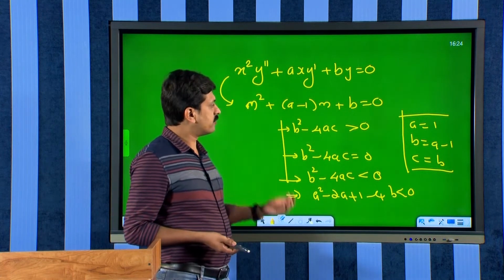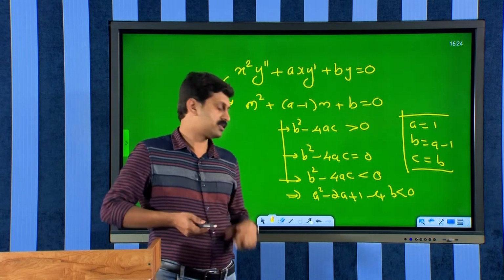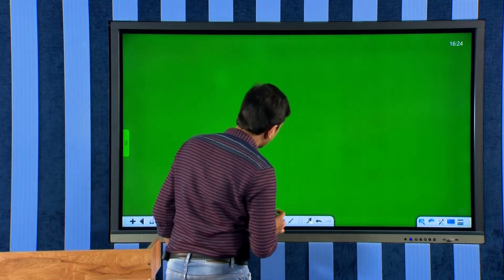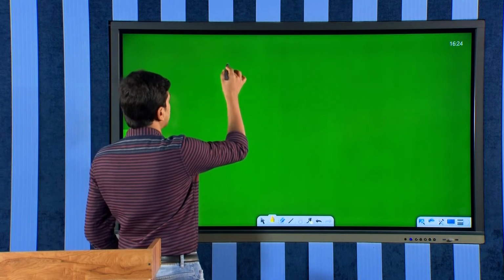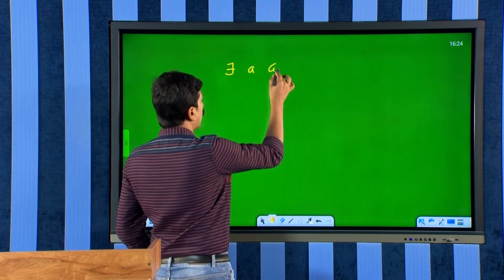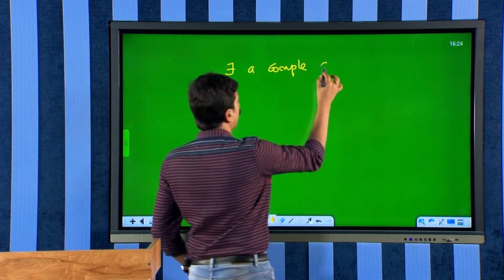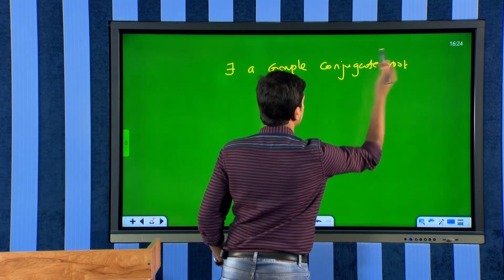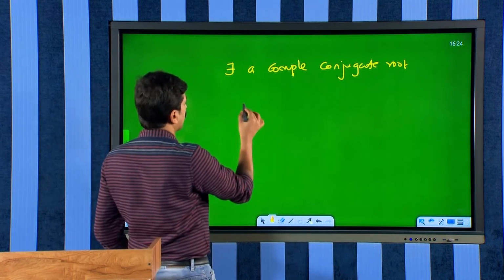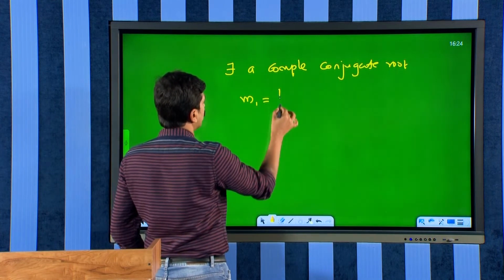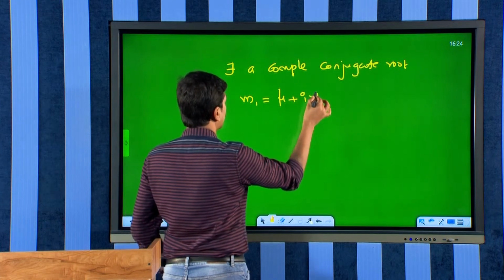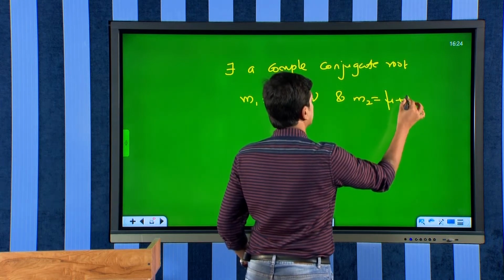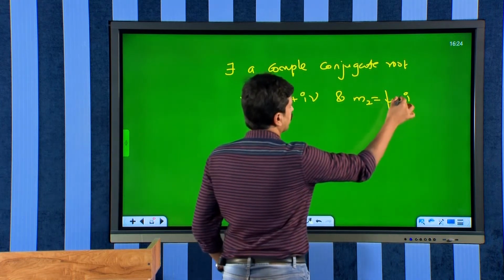In that case, we will have negative values here. Therefore, we can say that the solutions of the auxiliary equation are a complex conjugate pair of roots, that is m1 equal to mu plus i nu and m2 equal to mu minus i nu.